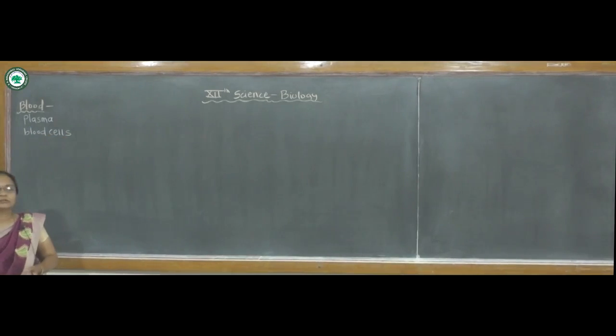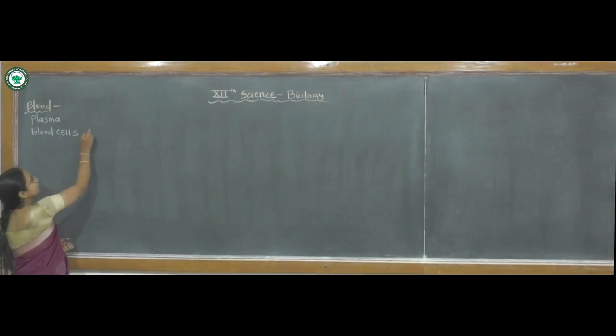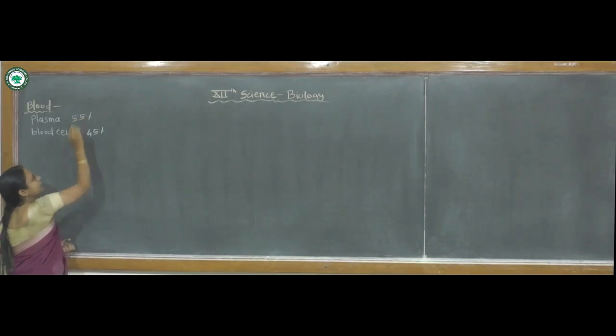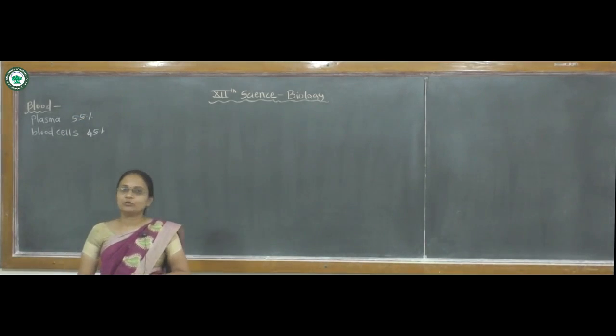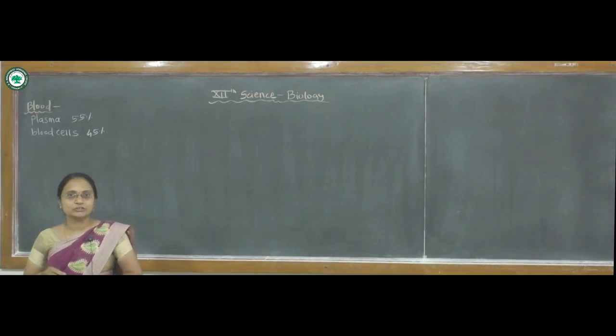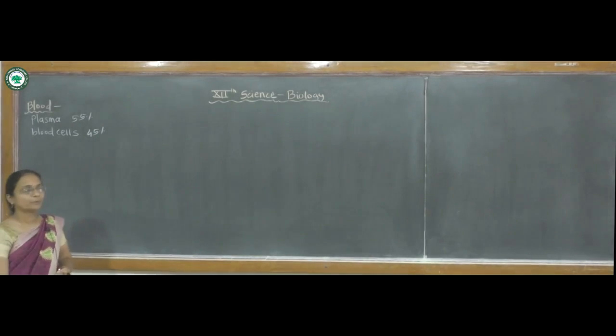In total, the blood cells make up 45% and plasma 55%. How is the plasma separated from the blood cells? By using the technique of centrifugation, the blood cells get separated from the plasma.